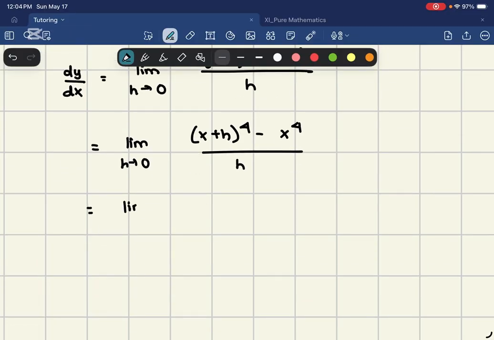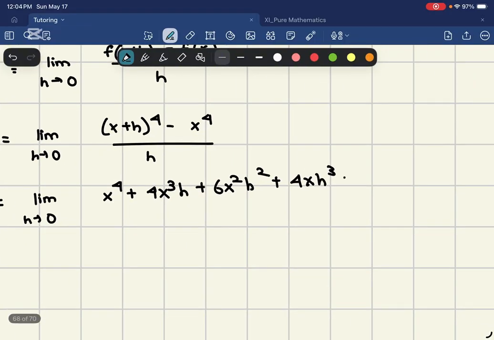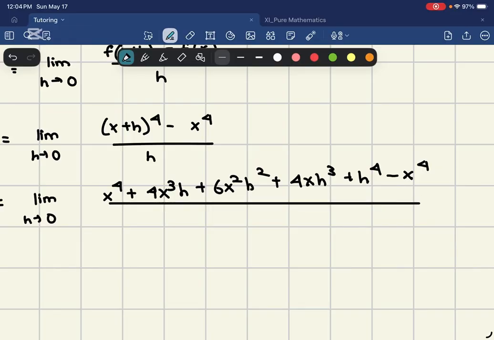It's limit h tends to 0, and if you expand this using the binomial expansion, you get x to the power 4 plus 4x cubed h plus 6x squared h squared plus 4x h cubed plus h to the power 4 minus x to the power 4 divided by h.